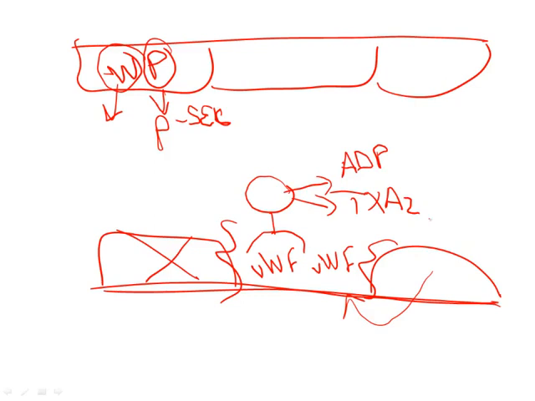Now the important things about ADP and thromboxane A2: ADP induces the platelets to express another receptor, called GP2B3A. The GP2B3A receptor is essential for platelet aggregation. Aggregation is when all the platelets join together at this particular spot.